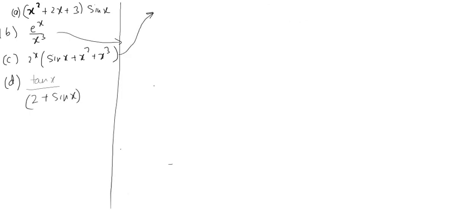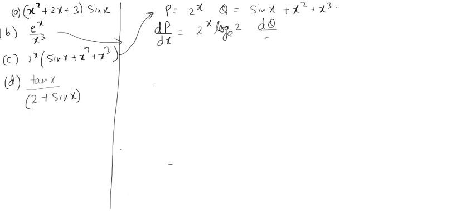So in this case I will take my p as 2 to the power x and my q as sin x plus x squared plus x cube. dp by dx will be equal to 2 to the power x into log of e base 2, and dq by dx will be equal to cos x plus 2x plus 3x squared.